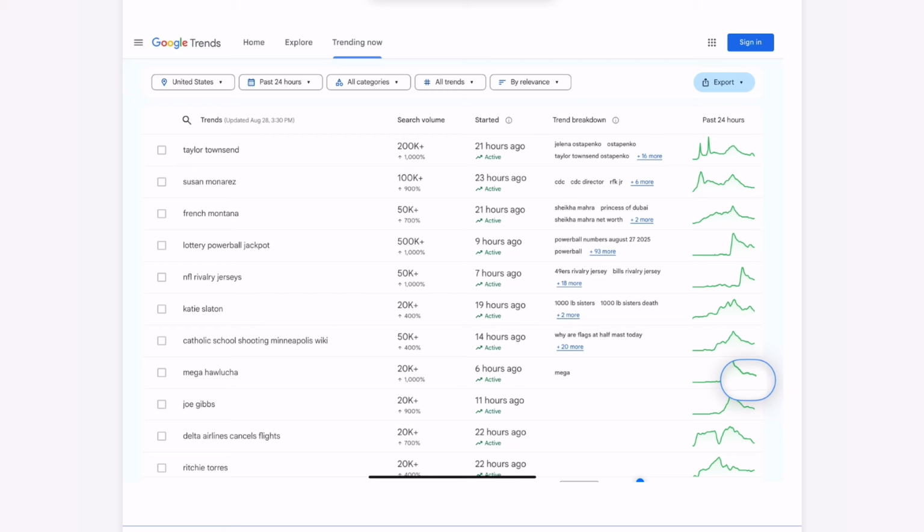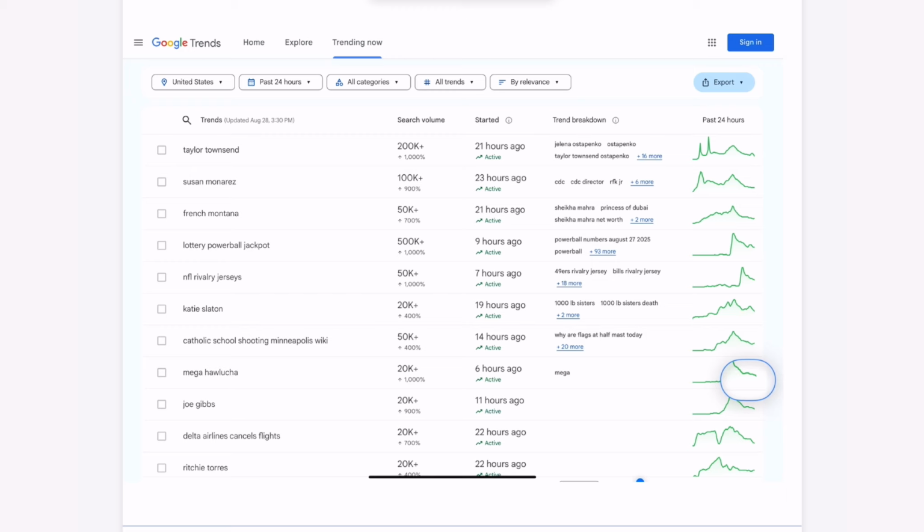Anyway, exciting stuff. French Montana, apparently in connection to the Princess of Dubai. I don't know. Some lottery stuff, NFL jerseys, I guess. Katie Slayton, something happened to her. It says 1,000-pound sister's death, so that's not good. And then of course the school shooting, and then I don't know who. Okay, I don't know who Mega Hawlucha is, but okay.